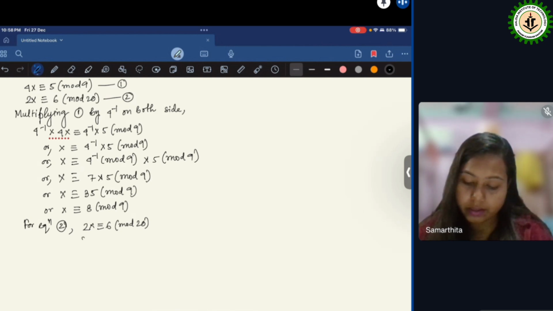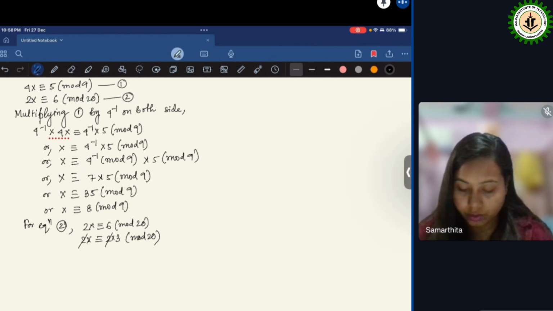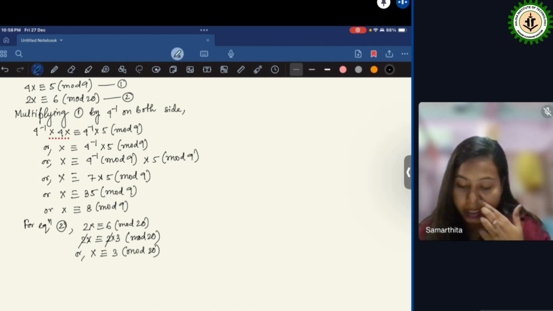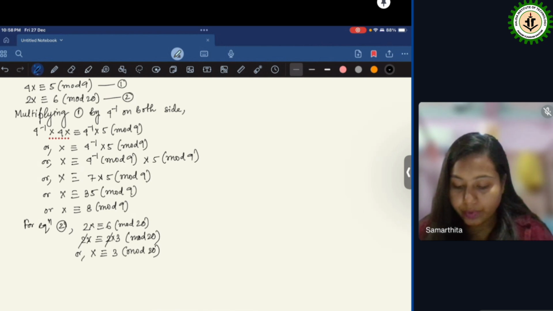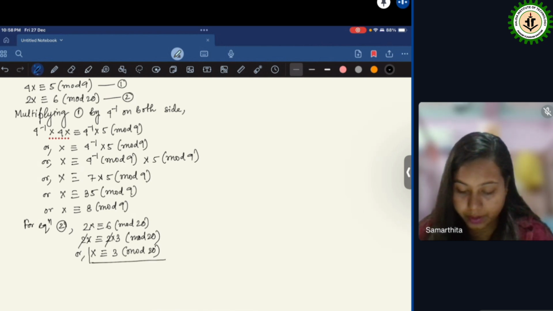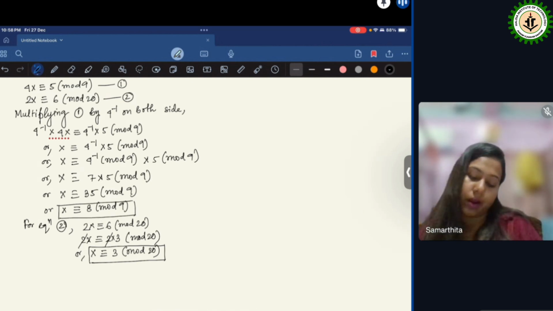If we represent 6 as the product of 2 different multiples, like 2 into 3 mod 20, I think now 2 will be vanished, right? So now we will have x congruent to 3 mod 20. Means this is the refined format of equation number 2, and this is the refined format of equation number 1.